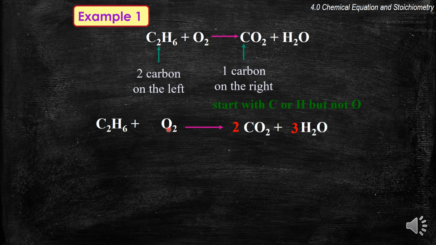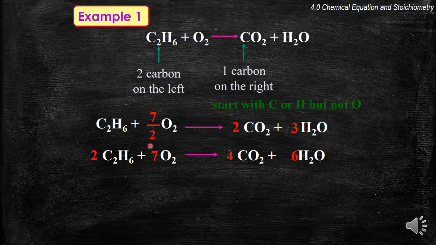Oxygen atoms can be balanced by writing 7/2 in front of the oxygen on the left hand side. However, we normally prefer to express the coefficient as a whole number rather than as a fraction. Therefore, we multiply the entire equation by 2 to convert 7/2 to 7.